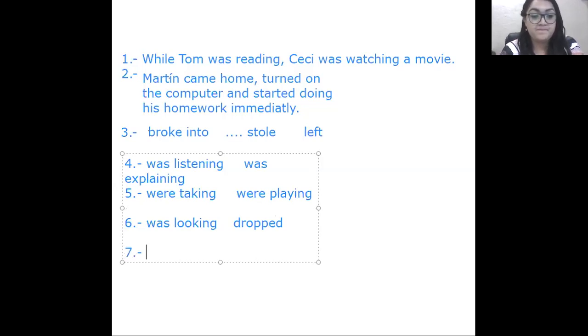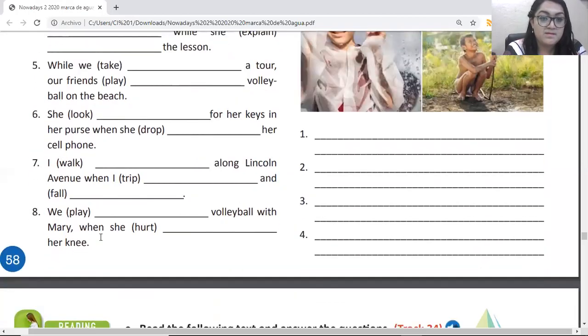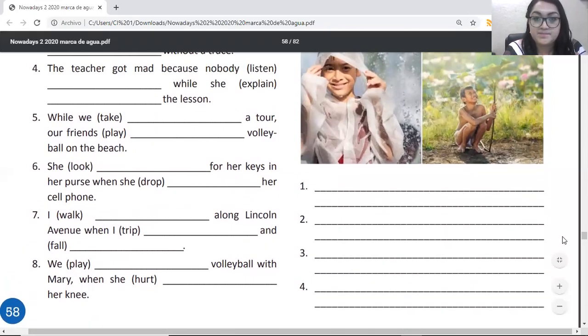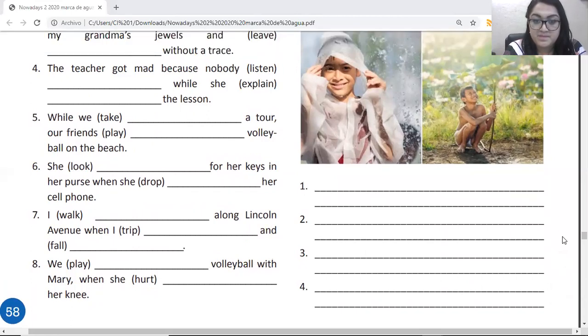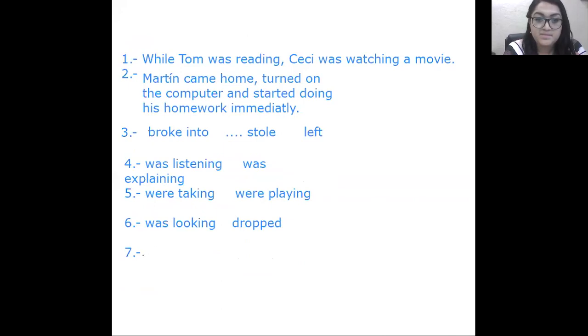Number 7 and 8. Number 7. I was walking, yo estaba caminando along Lincoln Avenue cuando me tropecé y me caí.